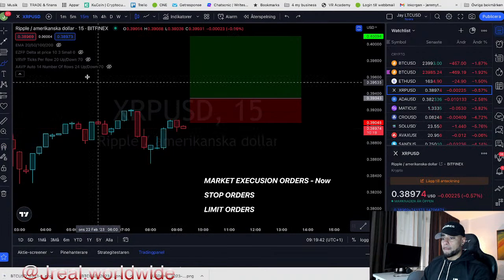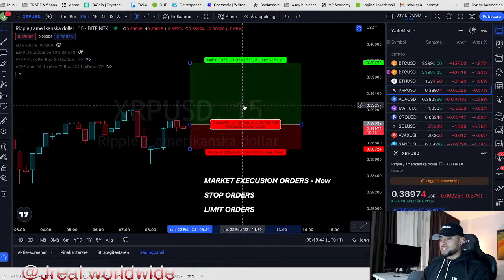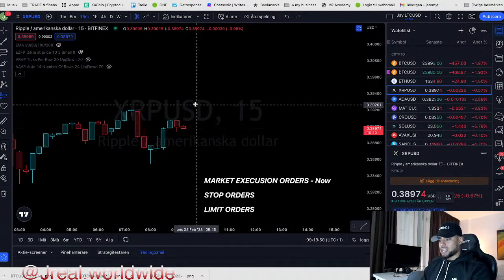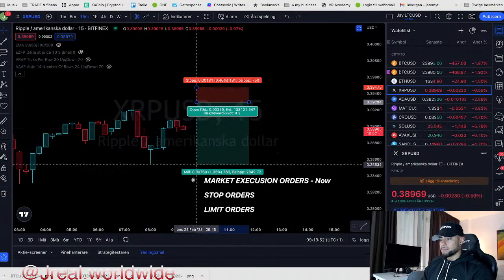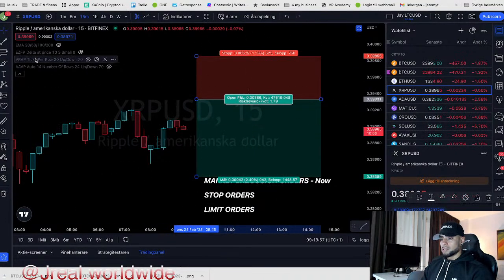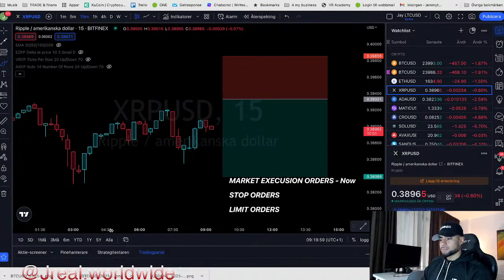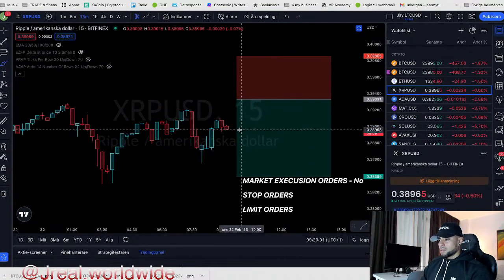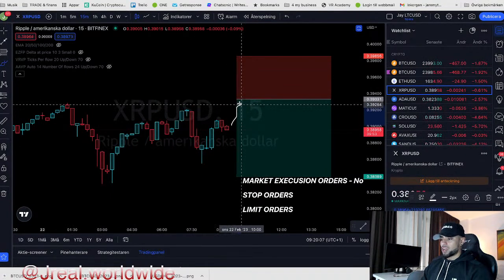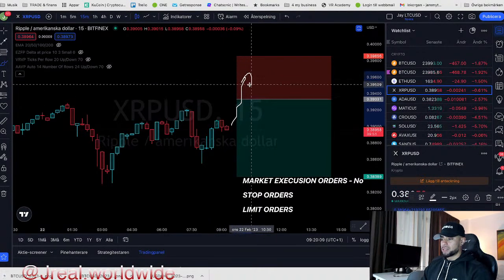That's a buy stop. Now, sell limit, same thing, but reverse. Let's talk about it. So let's say I have a sell limit order here. This is a sell limit. And we don't want the order to be triggered when the market goes in the wrong direction, right?